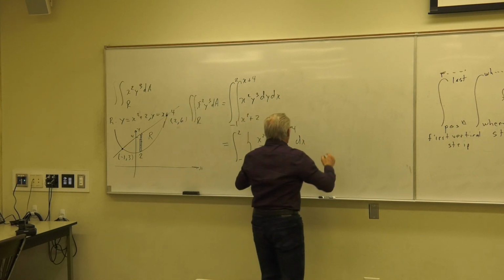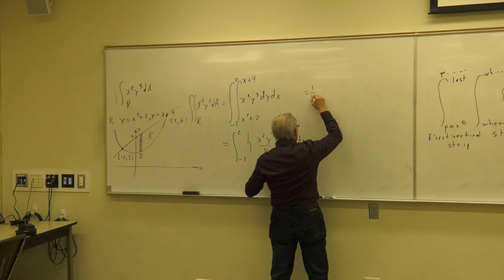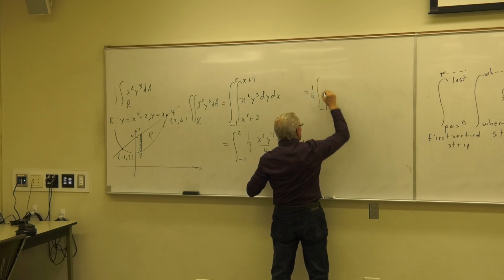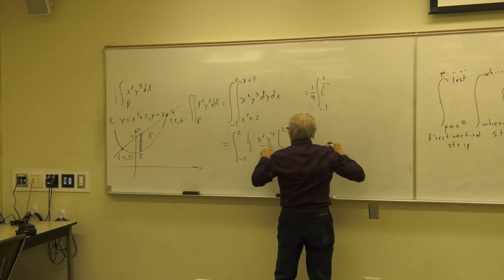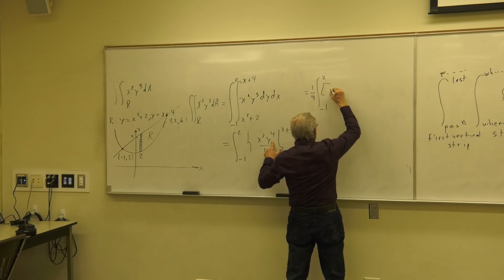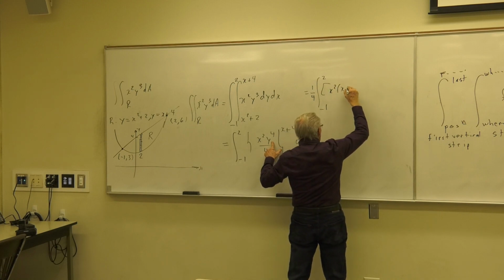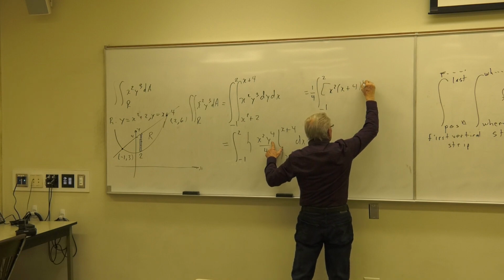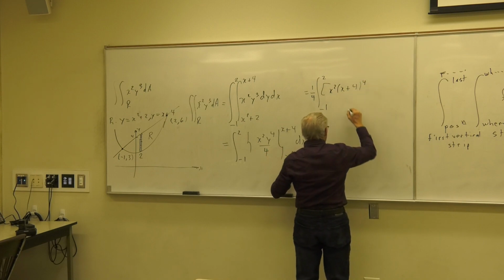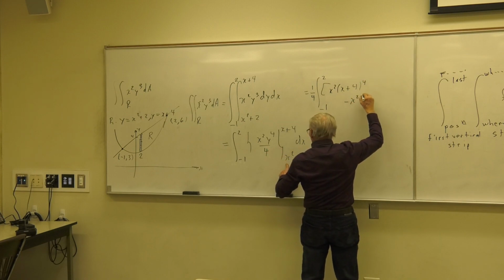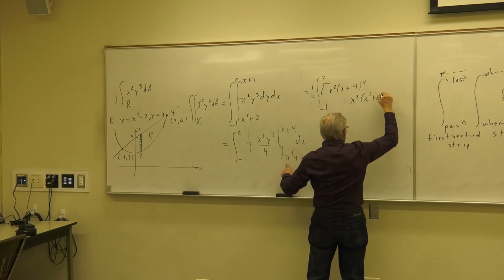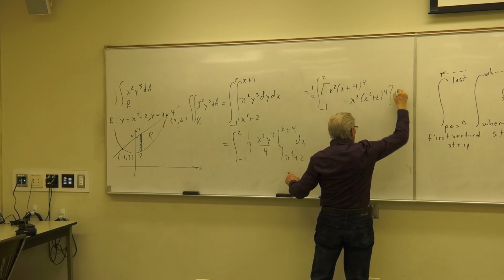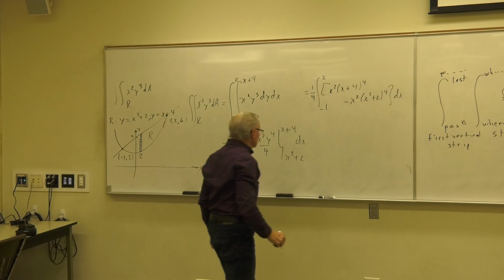So if we substitute, we could pull out the 1/4, integral from -1 to 2. Putting in, we will have x squared times (x plus 4) to the 4th, then minus x squared times (x squared plus 2) to the 4th, dx. That we will have to do.